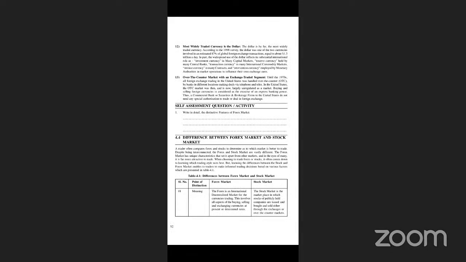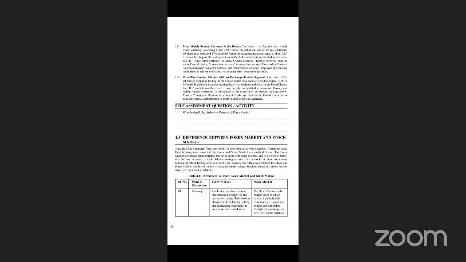Now, over-the-counter market, with an exchange-traded segment, every bank in the US has got this, and every bank is able to get involved in the foreign exchange market without any special authorization, unlike in many other countries, where there needs to be special authorization and clearance from their regulatory bodies.